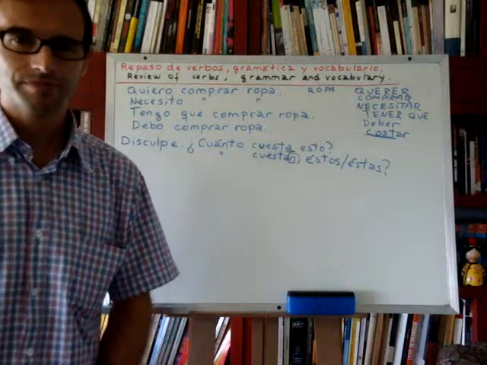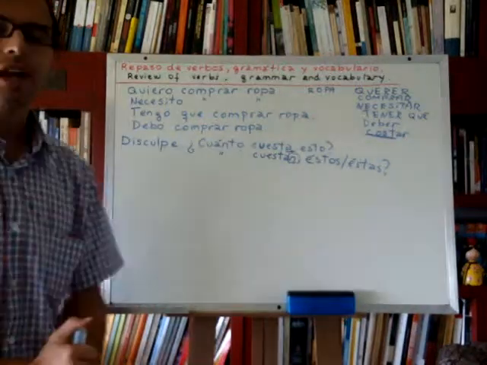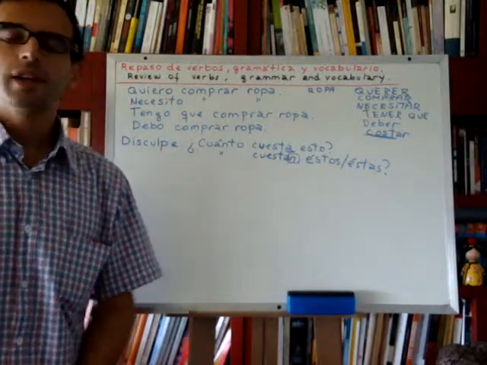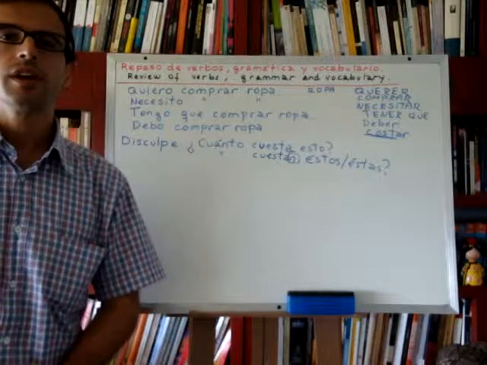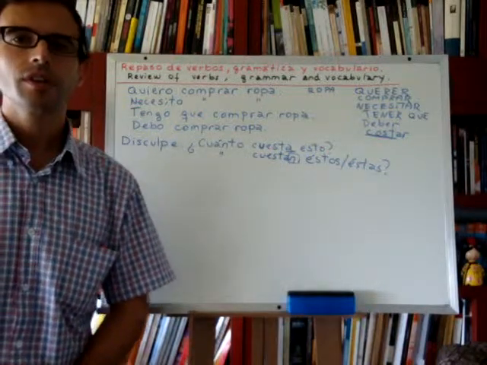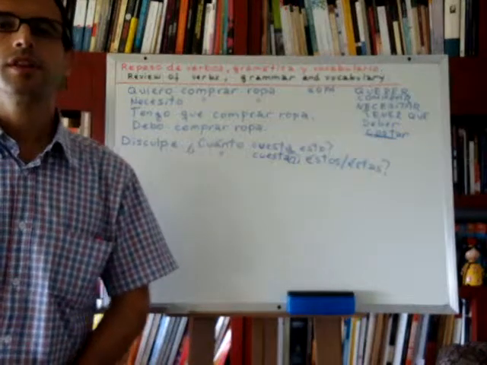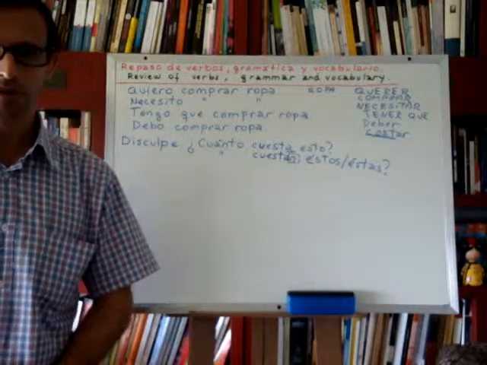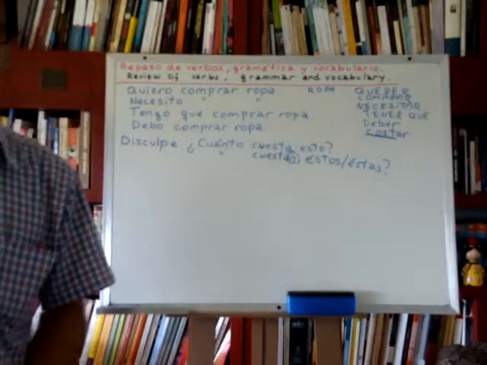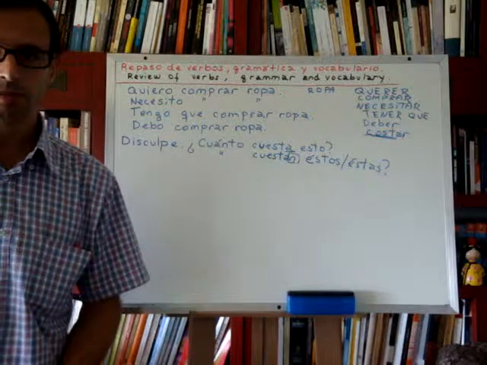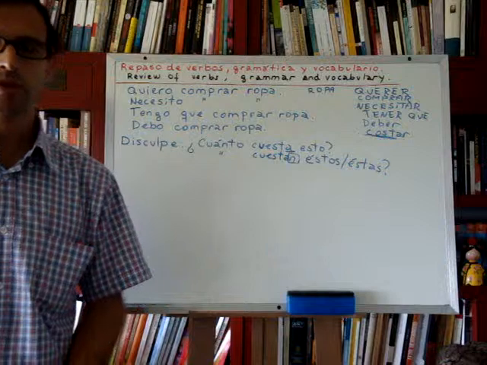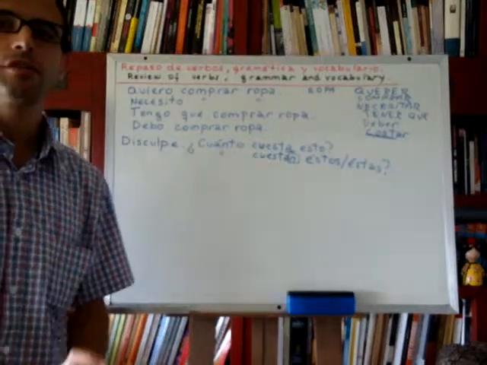Feminine, okay? So now let's say the answer is, they cost 200 pesos, okay? And remember that we can omit the subject in Spanish, because the subject is implicit in the verb.